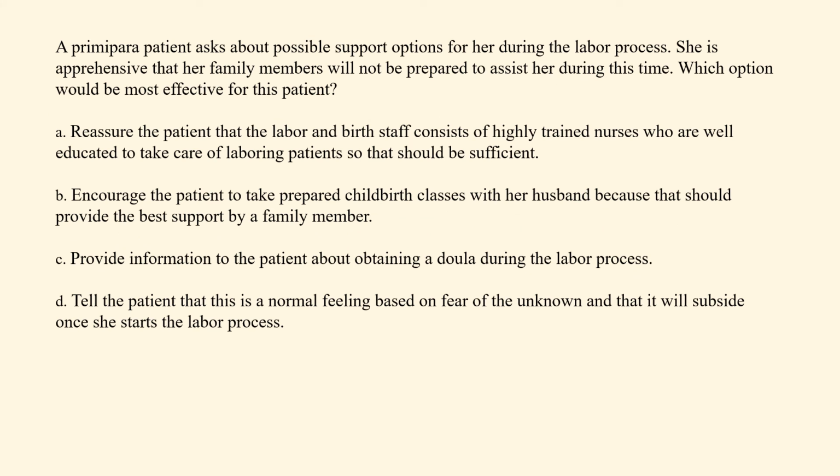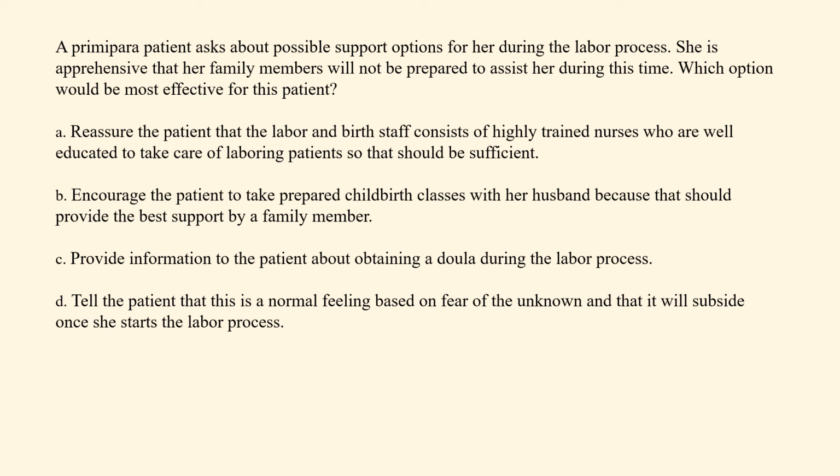A primipara patient asks about possible support options for her during the labor process. She is apprehensive that her family members will not be prepared to assist her during this time. Which option would be most effective for this patient? A. Reassure the patient that the labor and birth staff consists of highly trained nurses who are well educated to take care of laboring patients, so that should be sufficient.